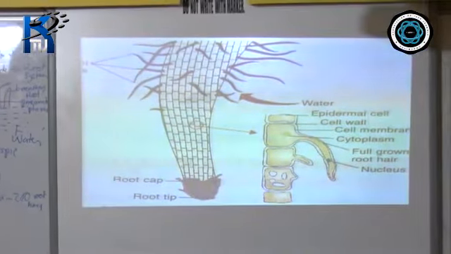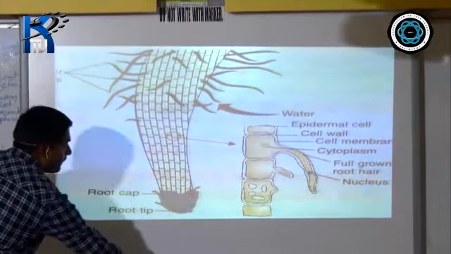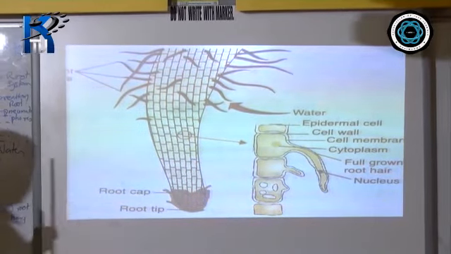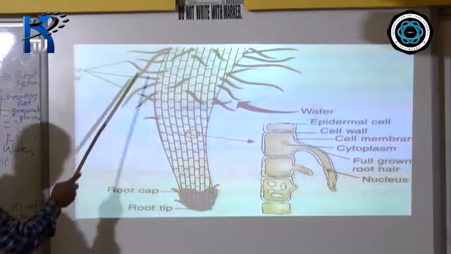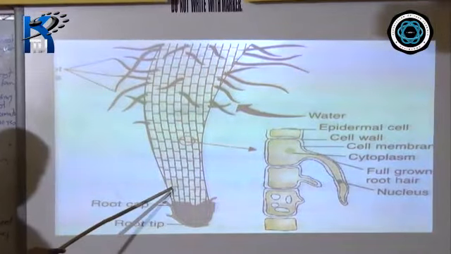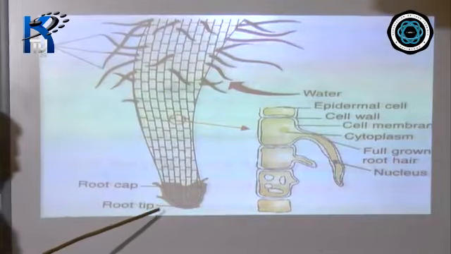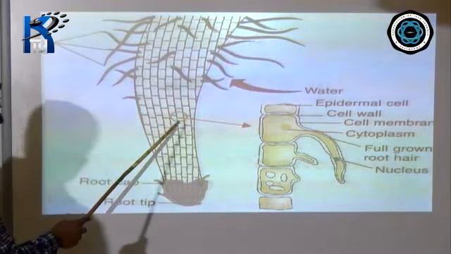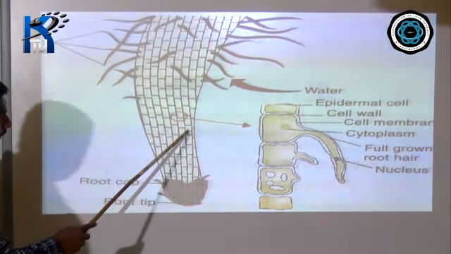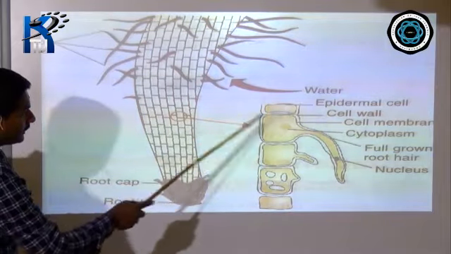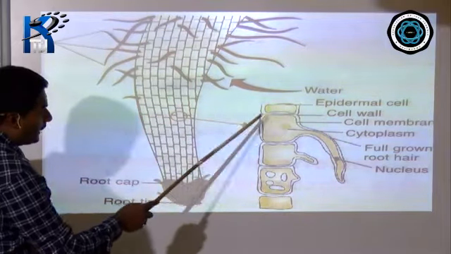Here I have taken the picture, and now you see the root hairs. At the tip of the root you have the root cap and the root tip. Now, one cell when I have taken it out, what do you find?